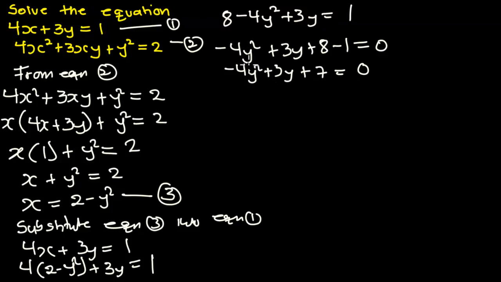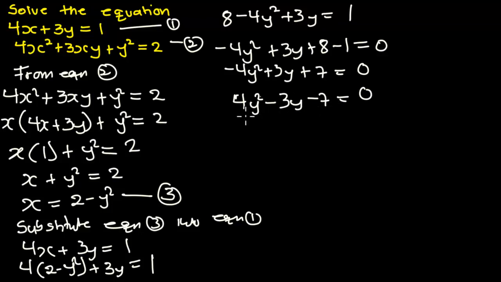Let us divide through by negative 1 so that we have positive y squared. So you have 4y squared minus 3y minus 7 is equal to 0. From here, we are going to solve this using the quadratic formula.